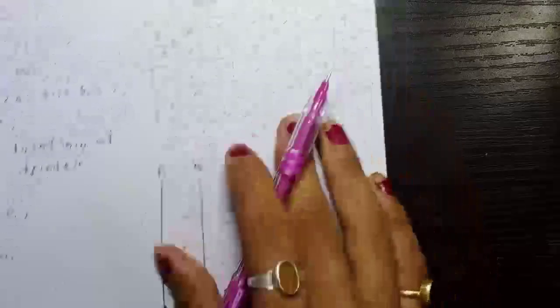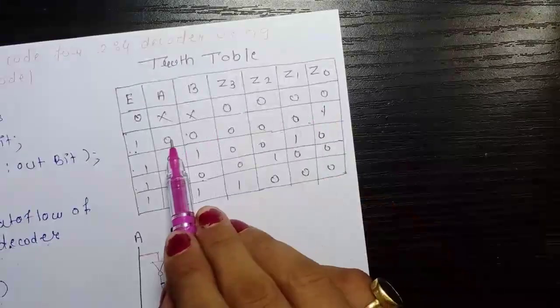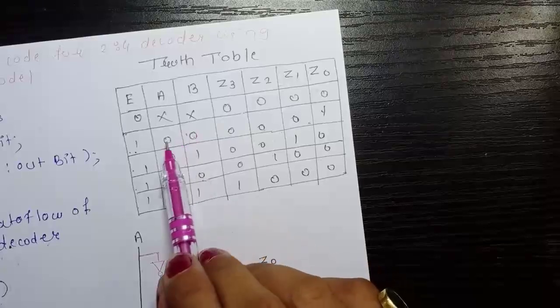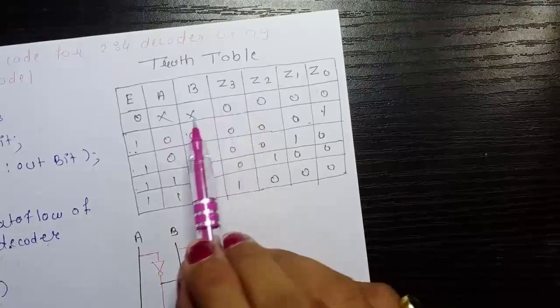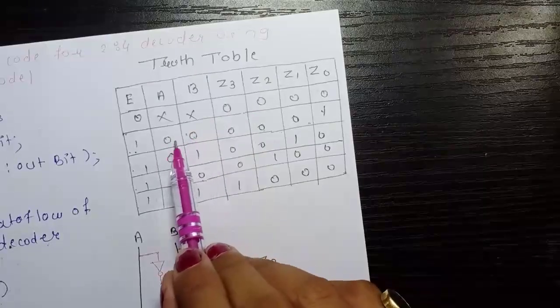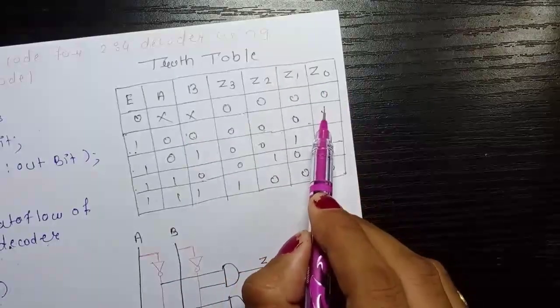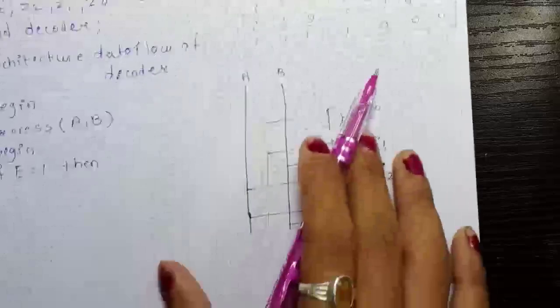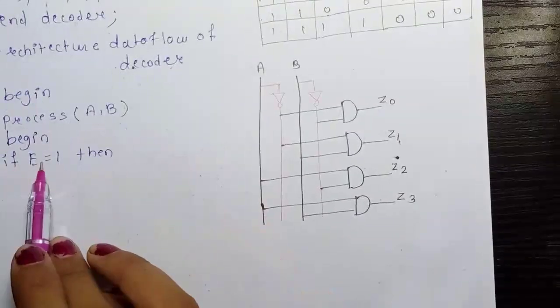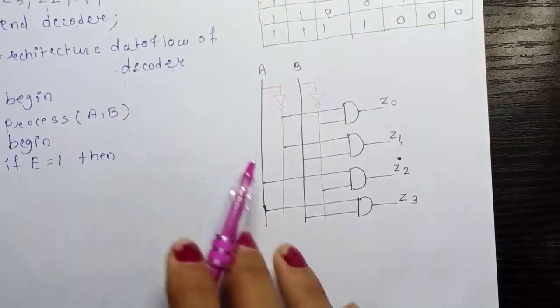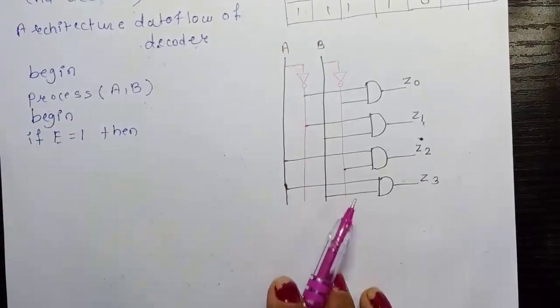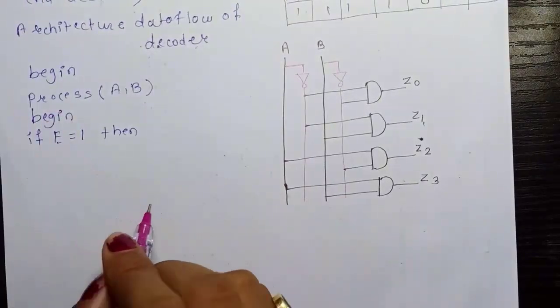What is Z0? Z0 is 1 when both the inputs are 0 0. Okay, that means A bar into B bar, as we have seen in the previous example. A bar into B bar, that means Z0 line will be activated and we will get Z0 as 1. So here, if E is equals to 1, that means enable is equals to 1, our decoder is in on condition now.